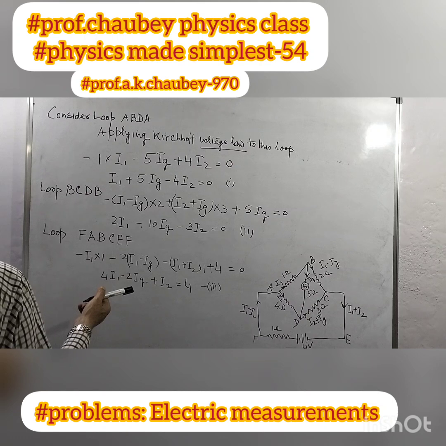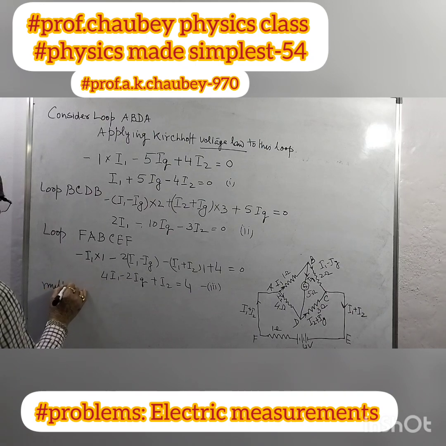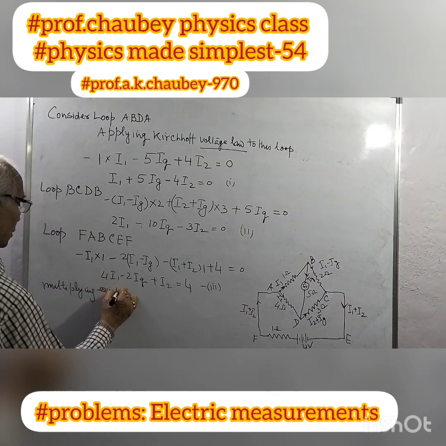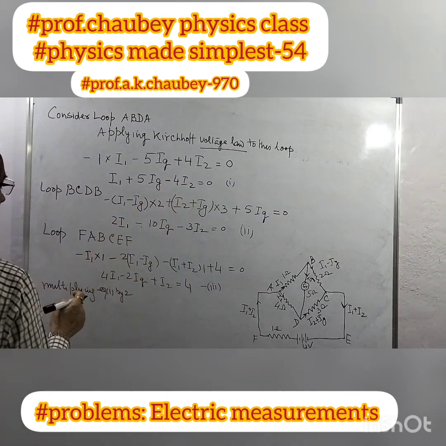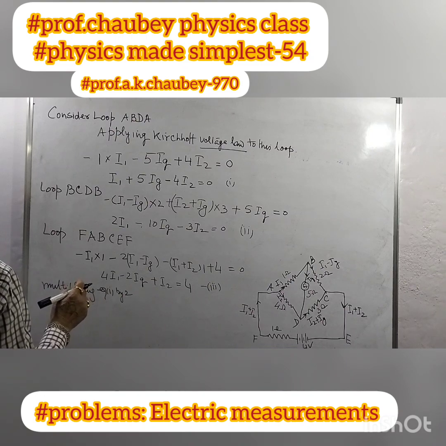Now multiplying equation 1 by 2. This equation, we multiply by 2, and subtract equation number 2 from it.